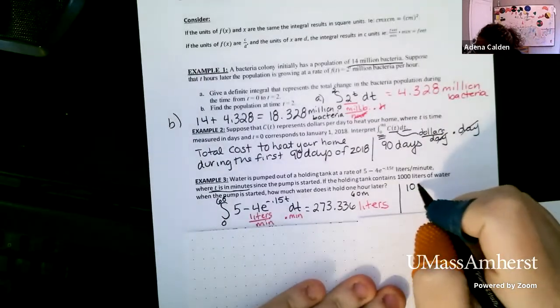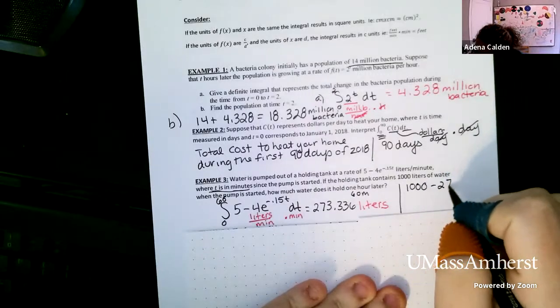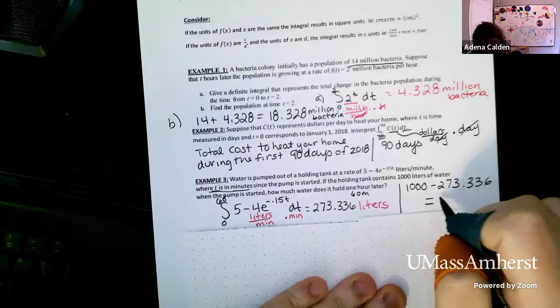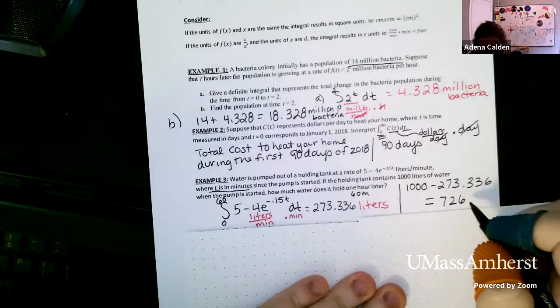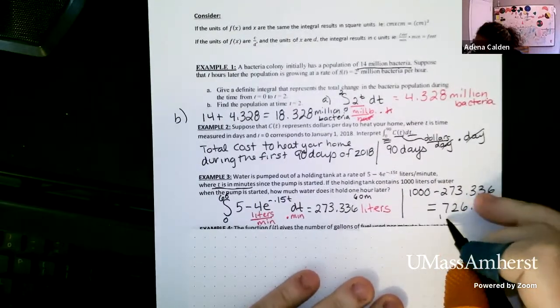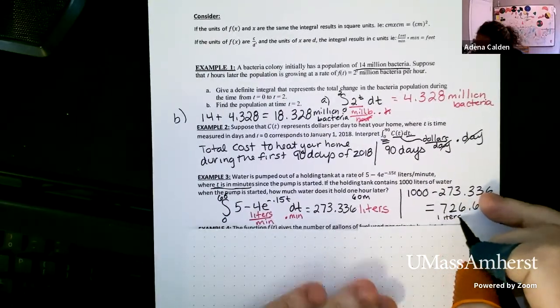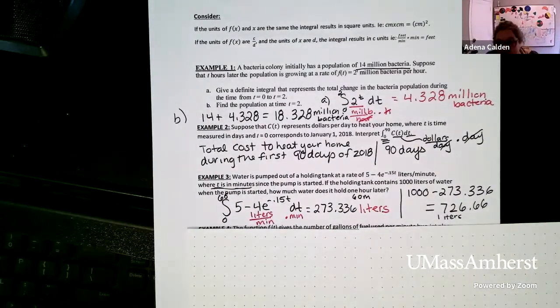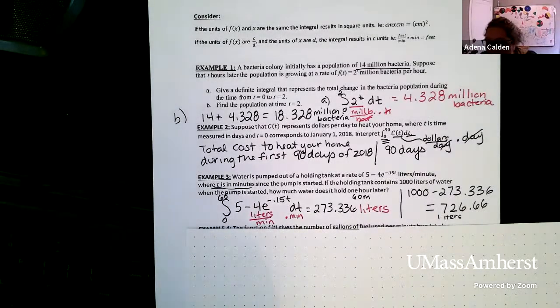So we have 1,000 minus 273.336, which would give you 726.66 liters. Now, part of the reason why this is especially tricky is because usually when something is decreasing, your rate is negative. But here, the way that it's structured is that this rate represents how much has been pumped out, which is a positive value.